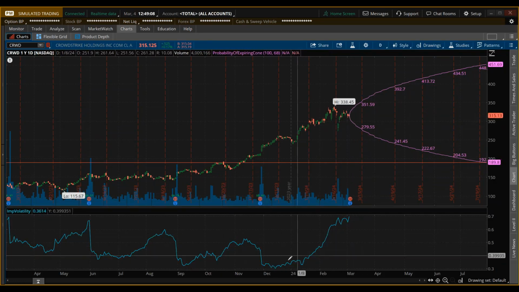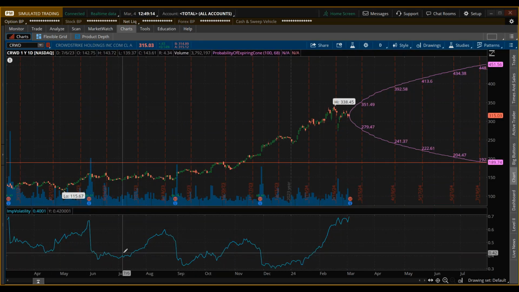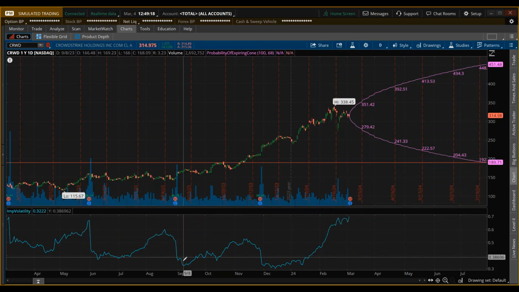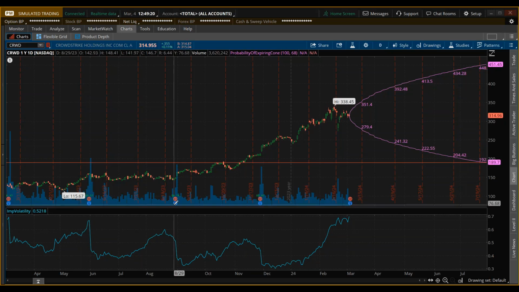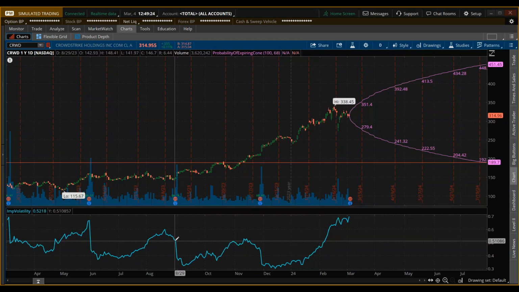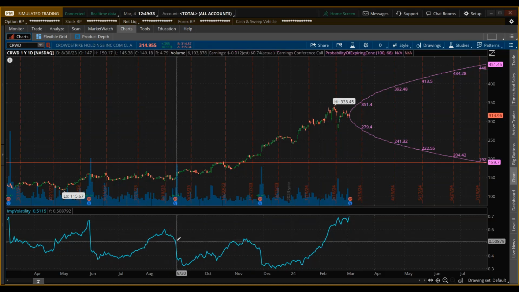With this formula, you see IV builds and then it crushes. This is not super representative of when it crushes, because this is representing a whole bunch of different expiration cycles, so they're not all crushing at the same rate.